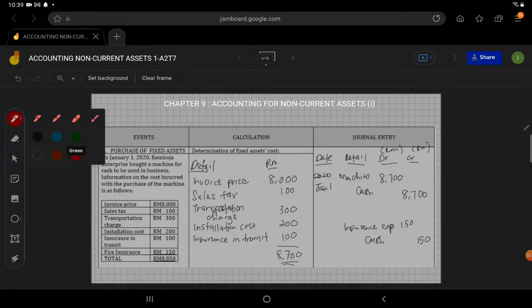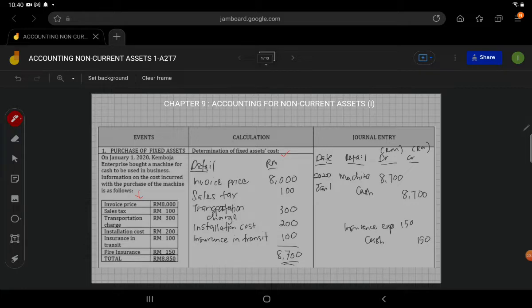For example, to determine the fixed asset cost, first you have to identify the costs involved are capital expenditure. The list of the cost is here. We have invoice price, sales tax, transportation charge, installation cost, insurance in transit, and fire insurance.